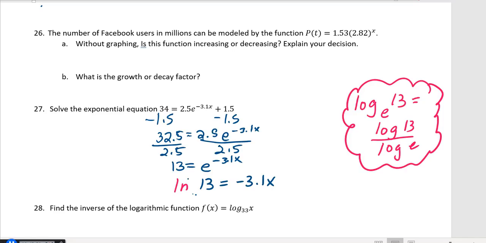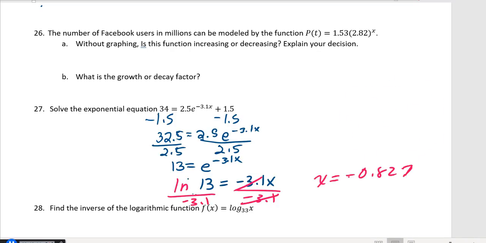But it's just a little easier to write natural log of 13 when you realize that a log of base e is natural log. But if you did use a calculator, you're going to get the same number. Okay, and now I'm going to divide both sides by negative 3.1. And I get x is equal to negative 0.827.